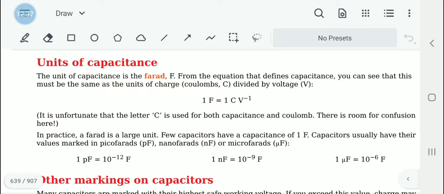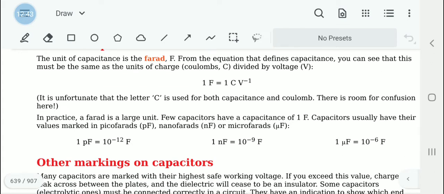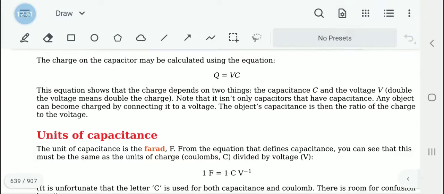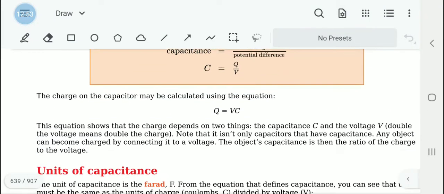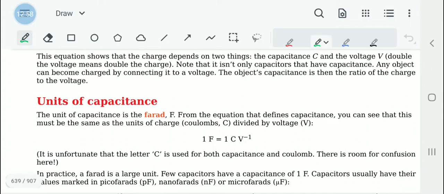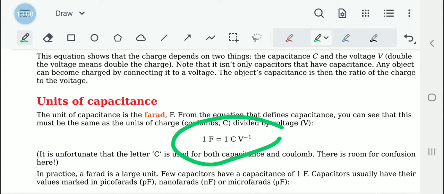Then capacitance is measured in farads, in capital F. Because capacitance is equal to charge upon voltage, and charge is measured in coulombs and voltage is in volts, we get 1 farad is equal to 1 coulomb per volt.